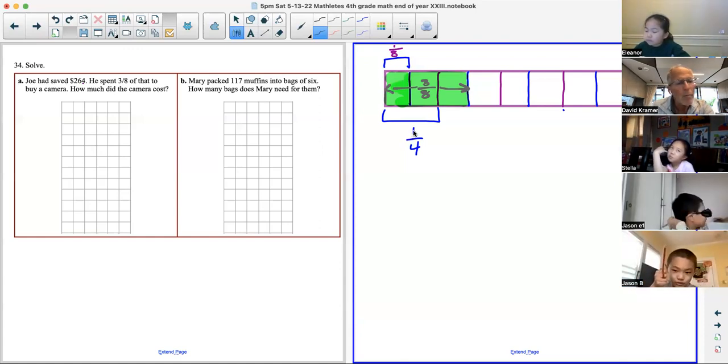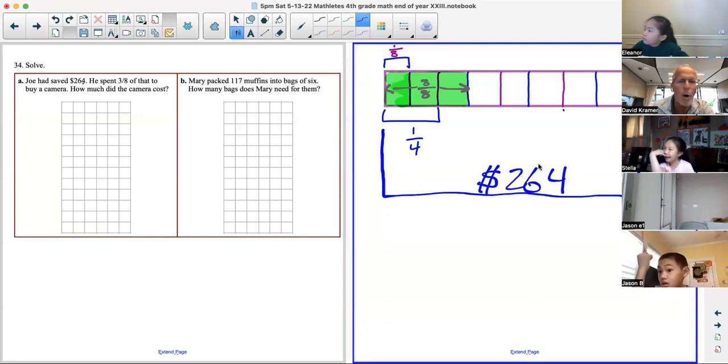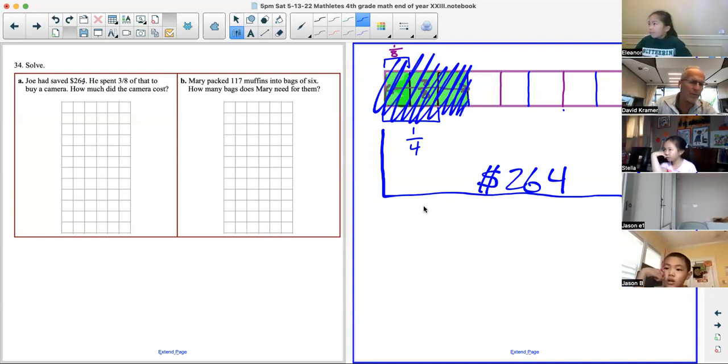This is just a guess, but I think if 264 was 3/8, maybe. Well, 264, Stella, is the whole amount. The whole amount that he saved was 264, but he only had to spend 3/8.